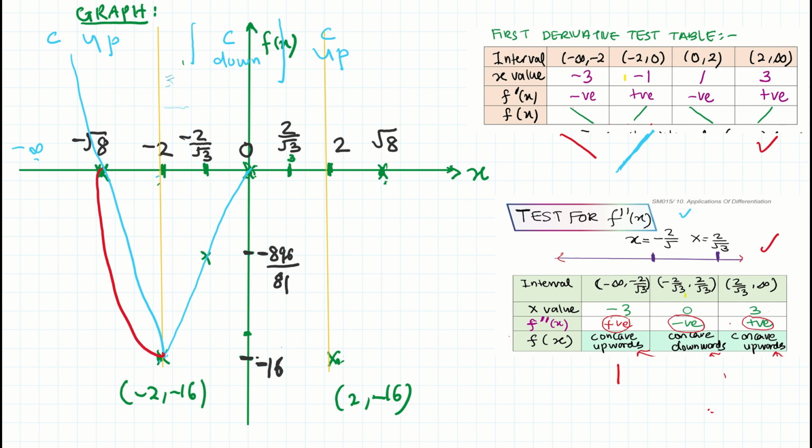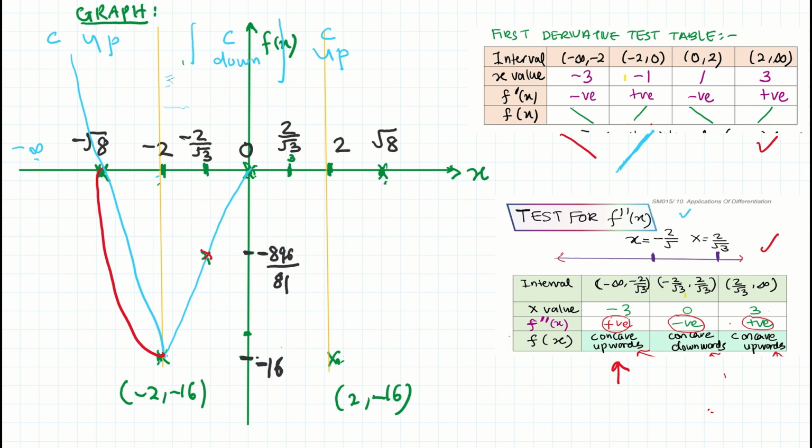And from negative 2 until this point, the function is increasing and the concavity is still concave upward, until the point negative 2 over 3.